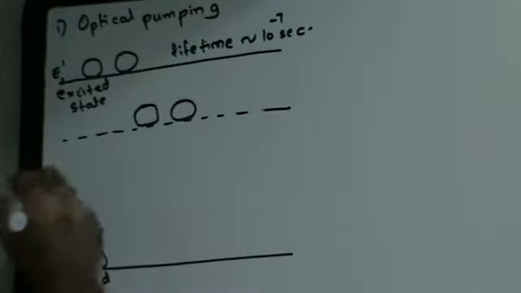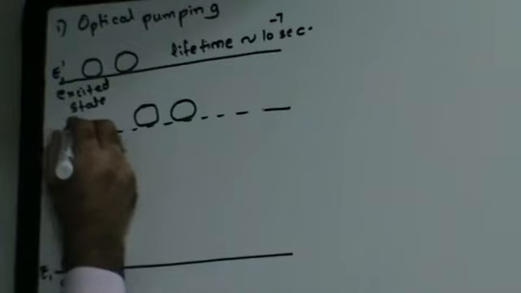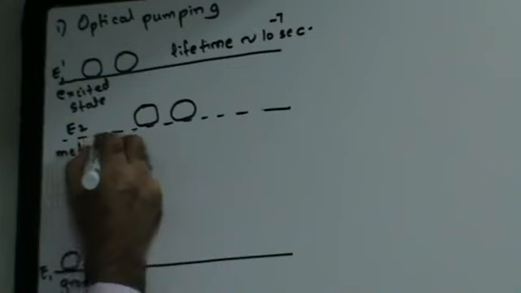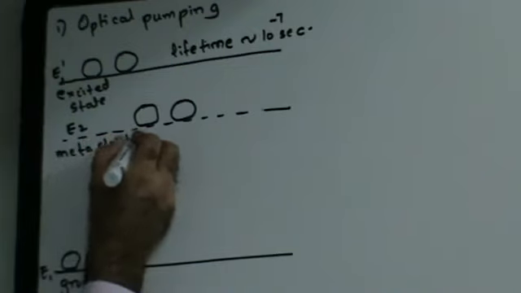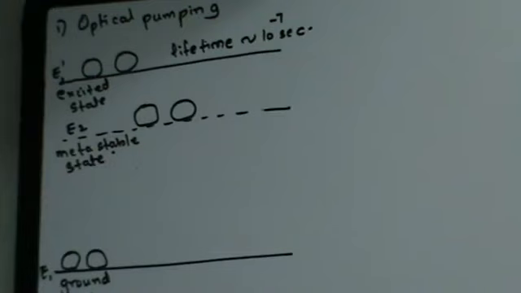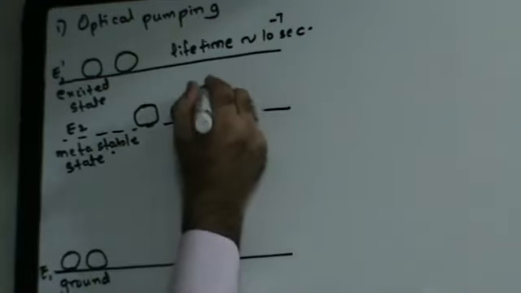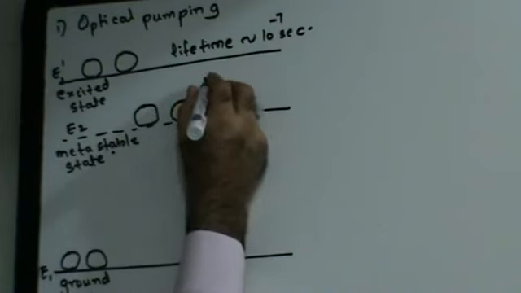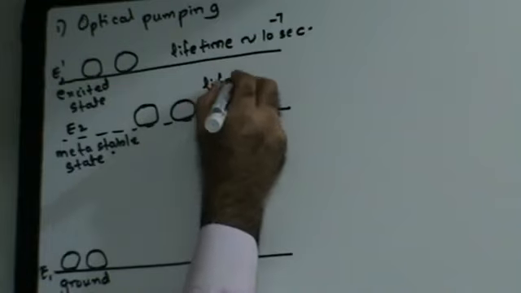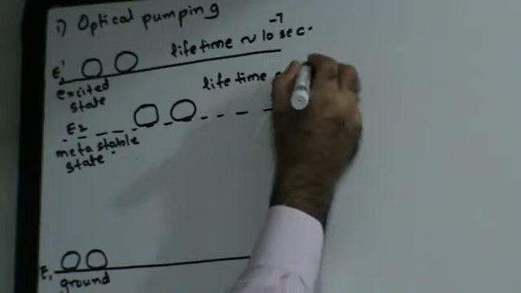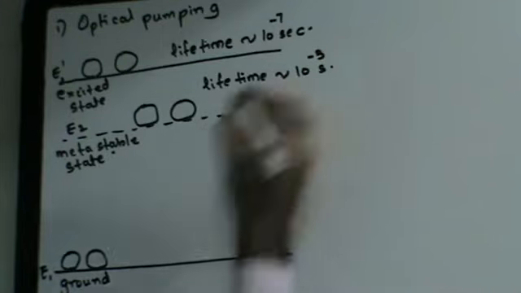So the electron comes here. Let's call this energy level E2. This is the metastable state. The advantage of this metastable state is that it is at an energy level lower than the excited state, but the life of the electron in this state is going to be approximately 10 raised to minus 3 seconds.